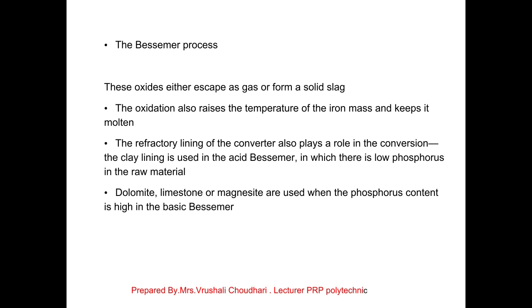The refractory lining of the converter also plays a role in this conversion. The clay lining is used in the Bessemerization when there is low phosphorus in the raw material. Dolomite, limestone and magnesite are also used when the phosphorus content is high, in a basic Bessemer.